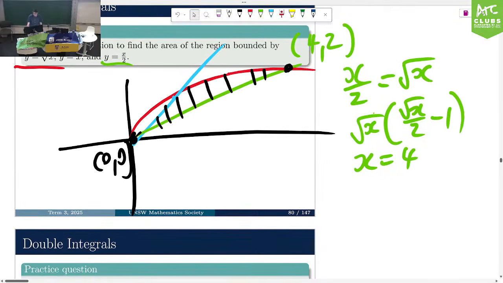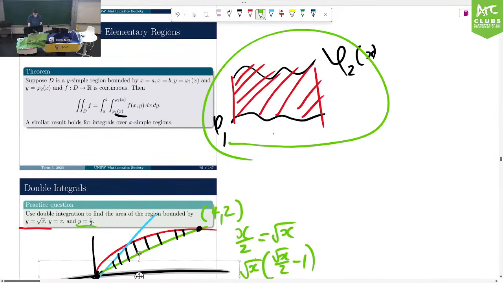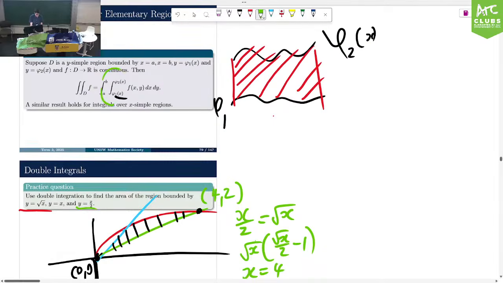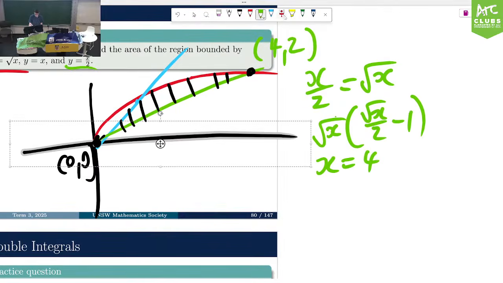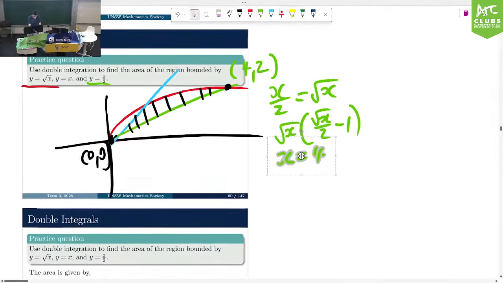So what we then need to say is that this looks something like what we talked about here. We can make the integral into an expression that looks something like this, depending on the phi 1 and phi 2 that we choose. In this case, we can notice that we have two different upper bounds for this top edge, but our bottom edge will always be this line, x over 2.